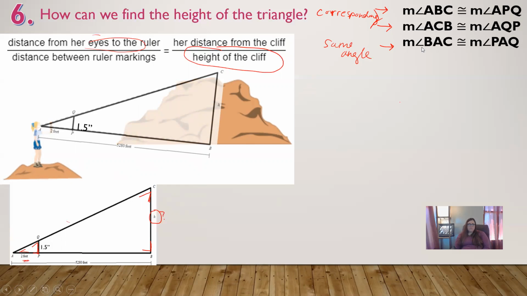All right, so in order to rewrite this formula, we're going to write height of the cliff over 1/4 mile equals 1.5 inches and 2 feet.